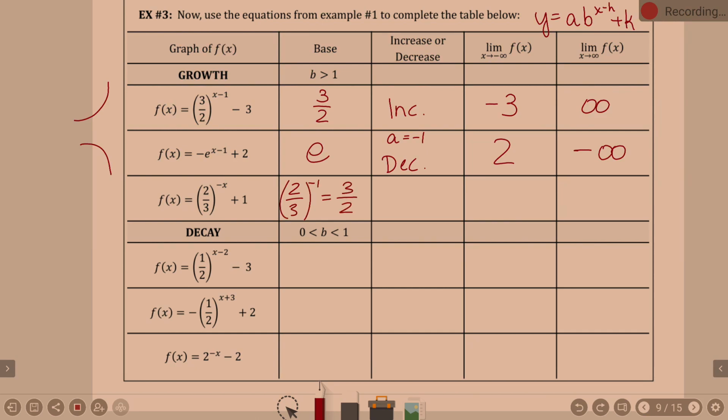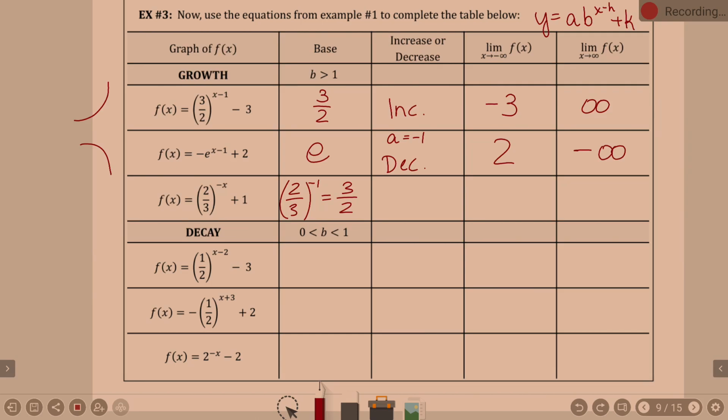What you need to realize, and this is something I should have said, in this basic form, what do you notice about x? It is x minus h. It's positive x, yes? X cannot be negative in your basic form. So to talk about what the base is, you need to make sure you have a positive x exponent. Okay.